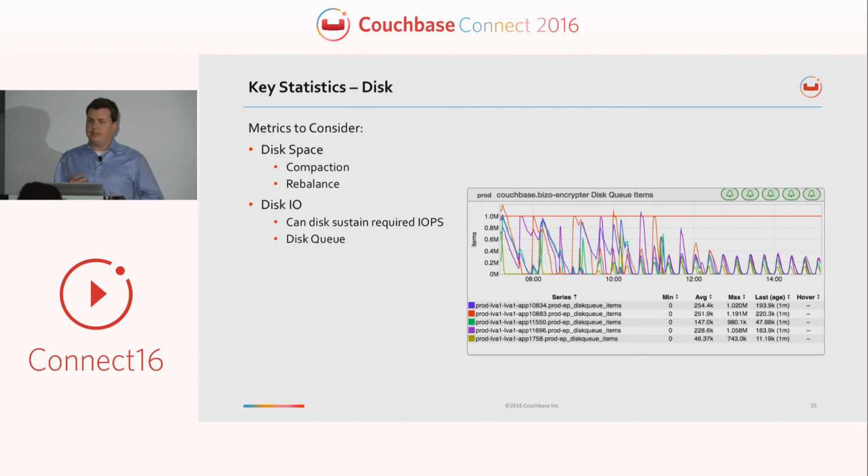Again, this comes back to understanding how your application is using Couchbase. In this particular use case, the number of items in the queue being 1 million is fine. It's not a massive concern for us. But in some other applications, this may be a problem. And of course, these metrics can also be a precursor to seeing degraded disk performance or disk failing.